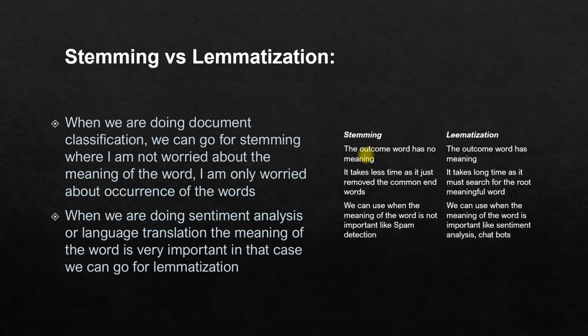When you talk about lemmatization, the word has some meaning. Stemming takes very little time because we are just removing the common endings of a word. But lemmatization will take decent time because we need to search in a dictionary to get the root form of a word.